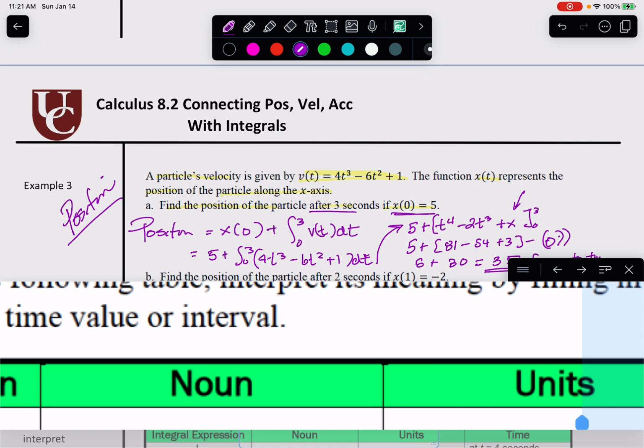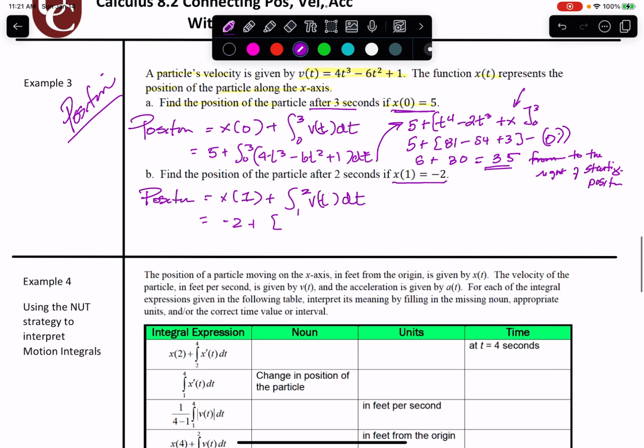So that's equal to negative 2 plus, what do we have for a function? Well, we already took the antiderivative, so we can just start right in there with t to the 4th minus 2t cubed plus t, from 1 to 2.